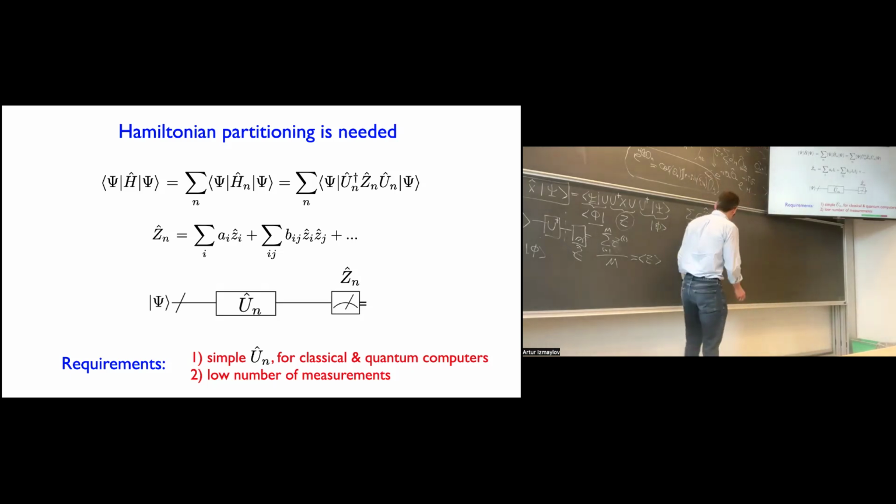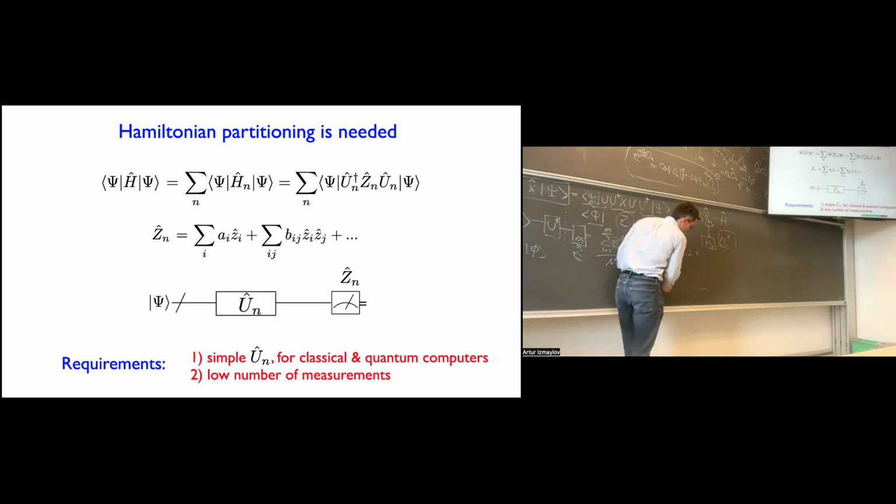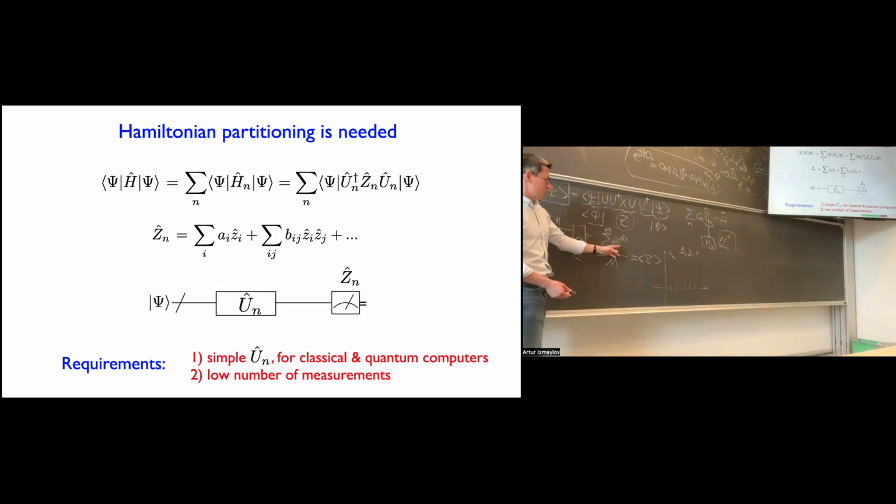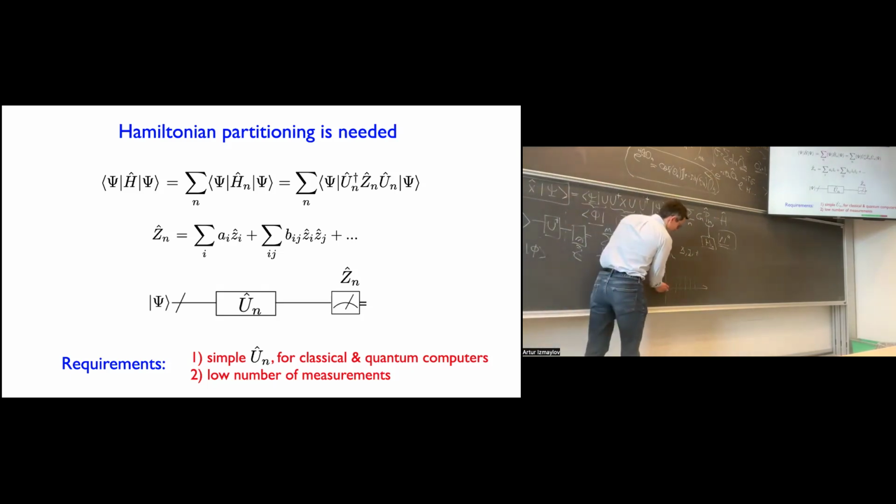So generally what happens is that when you do the measurement, you get different collapses of the wave function to expectation values of H_n, and then you bin them. You do this summation, where these are just the eigenvalues of H_n that you get, and then you're trying to find what's the average from this.